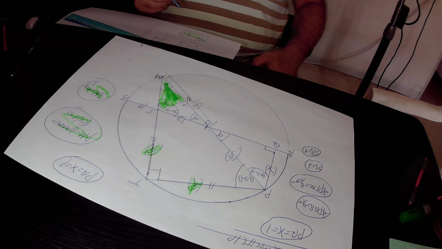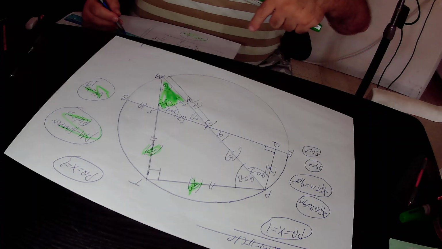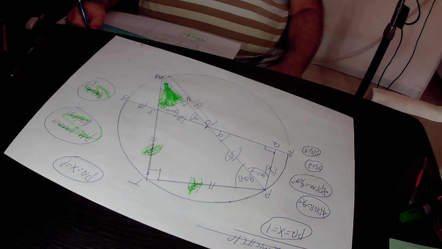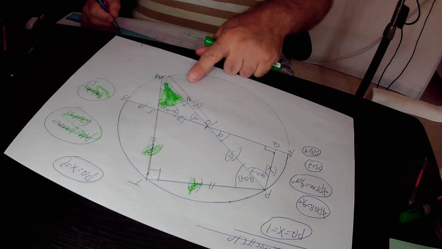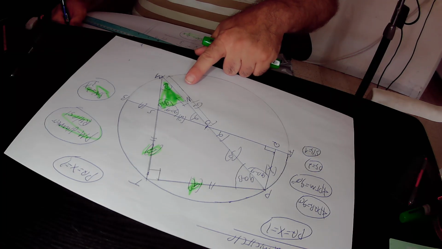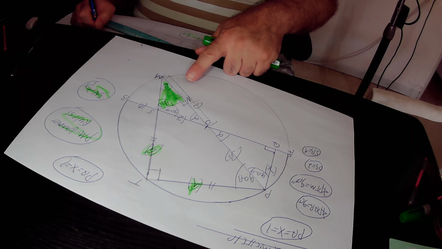So I write it down, and we found out that the big right triangle PTM is similar to this small green right triangle NSM, according to the angle similarity rule.